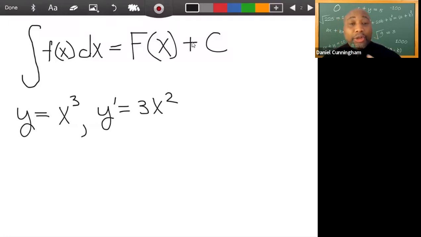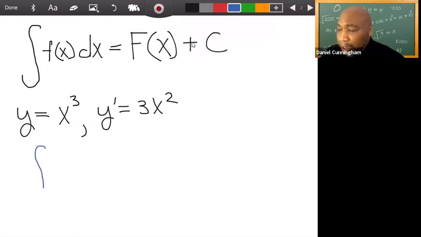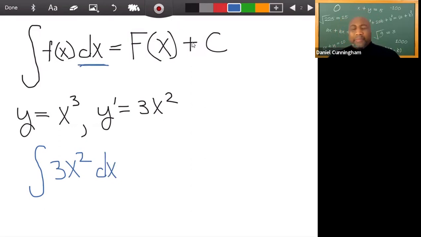Now, when we use the integral to help us find this antiderivative, this is how you do it. I'm going to write it in blue. You say the integral of 3x squared dx, again, is going to equal the original function, x cubed plus some constant c.